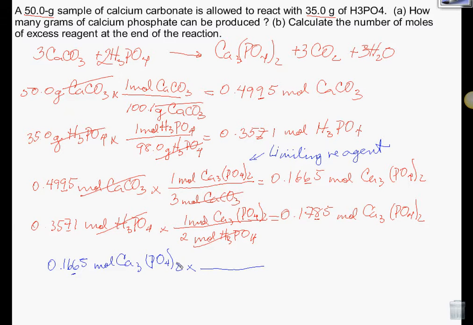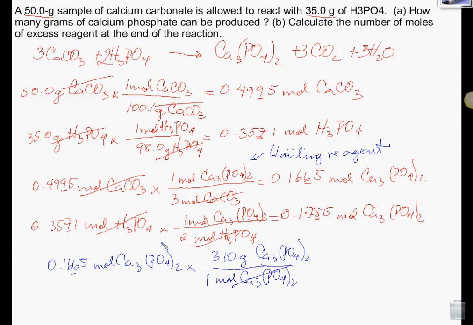So we convert these moles into grams. 1 mole of calcium phosphate, and we get the molar mass of calcium phosphate, which is approximately 310 grams of calcium phosphate.